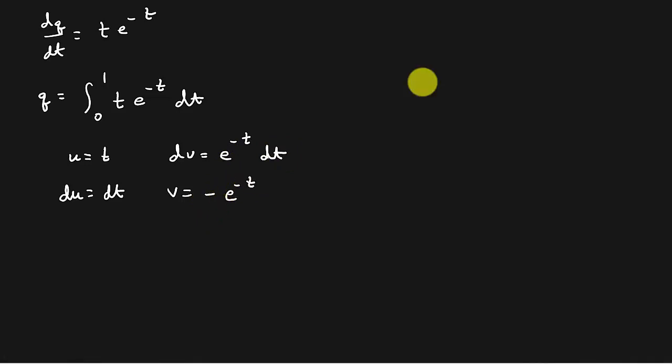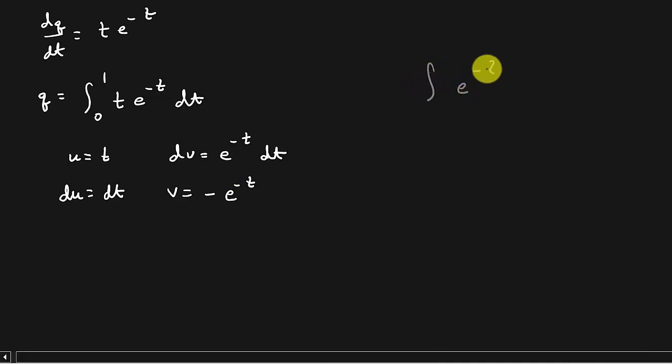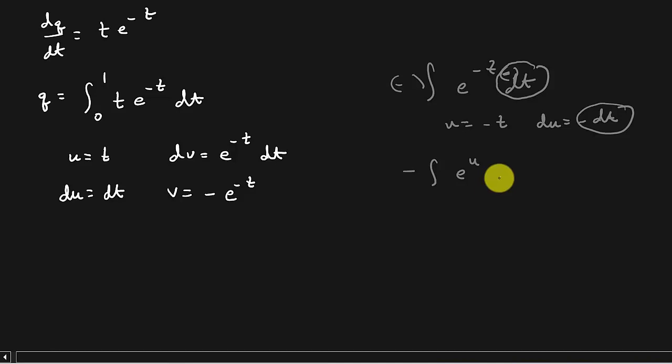Okay, so if I come over here, let me just show you the integral of e to the negative t dt. I would let u equal negative t, so du is negative dt. I would need a negative here, and so a negative out here. And so that's negative integral e to the u, du.